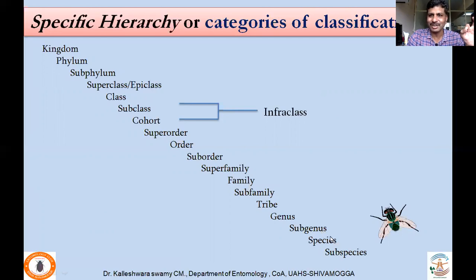Species is the lowest basic unit of classification. Say, for example, Musca domestica can be positioned at the species level, subgenus level, genus level, tribe level, like that up to kingdom level. Okay, hope you understood this. So sometimes we can also identify another lower category called subspecies. So these are the different categories of classification.